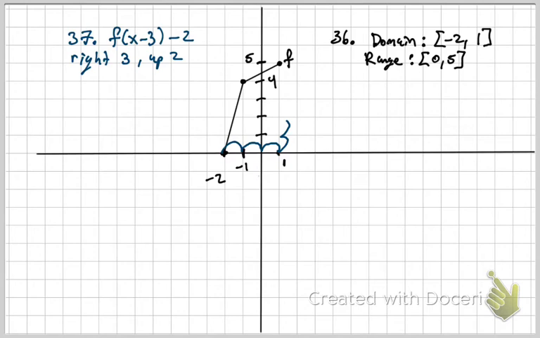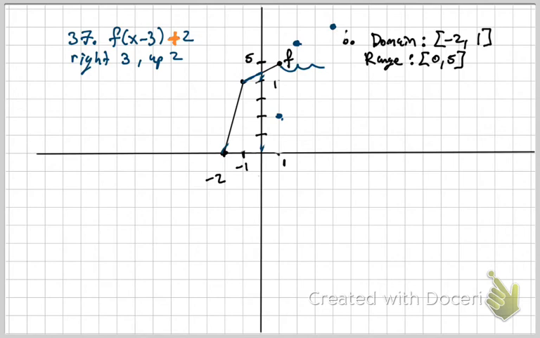So we're going to go right 3, and is it down 2? Oh, I don't remember if the problem was, let's go ahead and do up 2. Maybe I didn't write the problem down correctly. Anyways, so let's just roll with it's up 2, because that's what we're going to end up doing here. If it was minus 2, then instead of going up 2, I would go down 2. Okay. So I'm going to go ahead and do that. So the 3 points there, I'm going to move each one to the right 3 and then up 2.